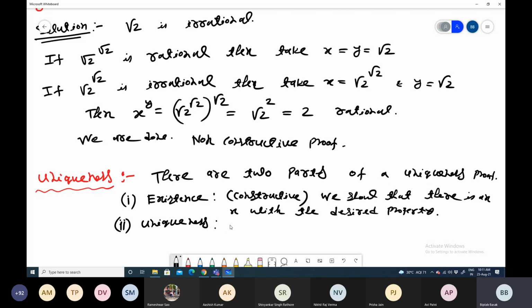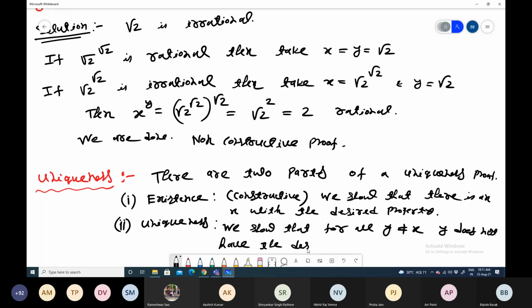And uniqueness means we show that for all y not equal to x, y does not have the desired property.